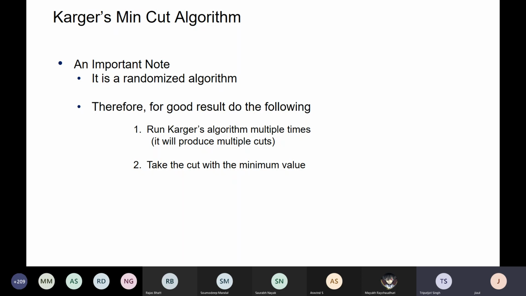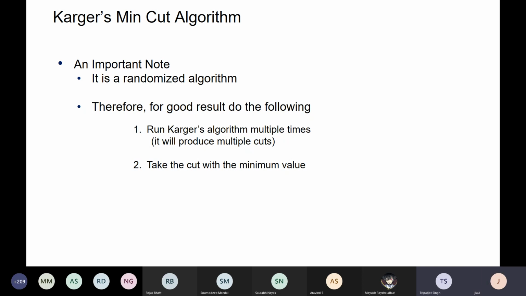That still may not be the global minimum or the actual min cut value. But again, when you are dealing with a large graph, a little bit of sacrifice in accuracy is perfectly all right if you can achieve this very quickly. And that is what we do all the time when dealing with a large volume of data.